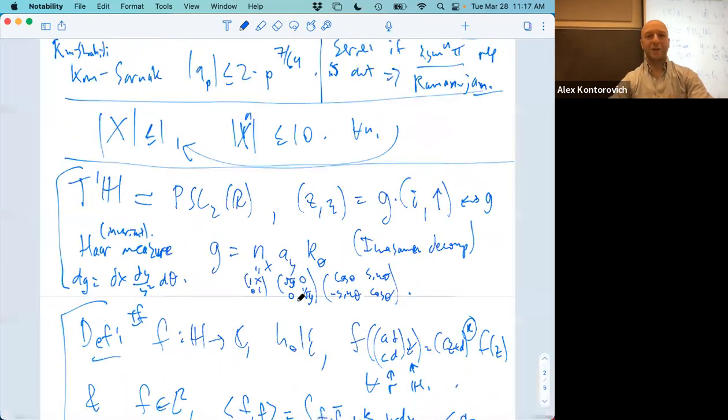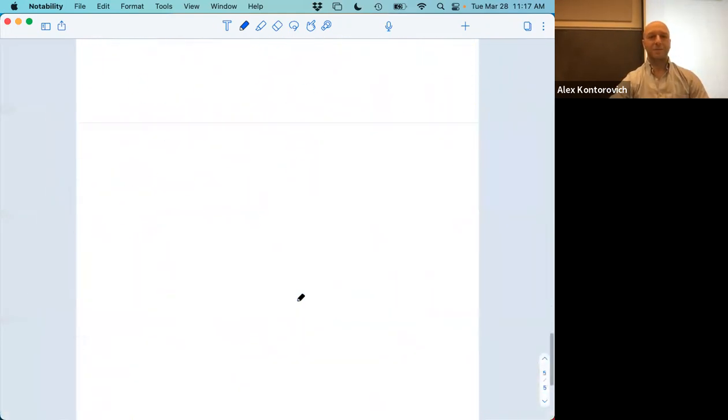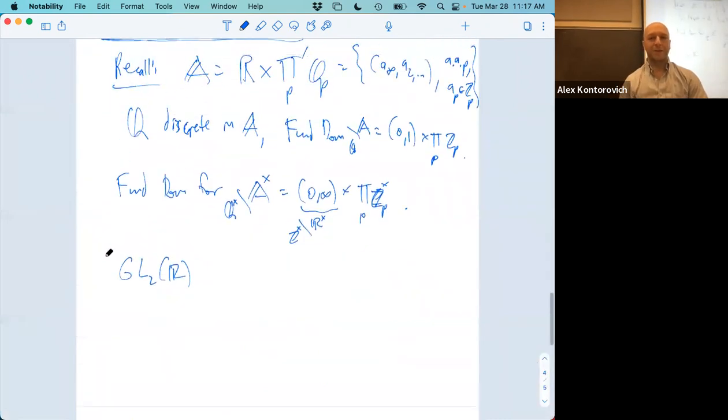Okay, so let's pass to GL2 for our purposes. We pass to GL2, and let's work out the GL2(R) Iwasawa decomposition. So here's the theorem.